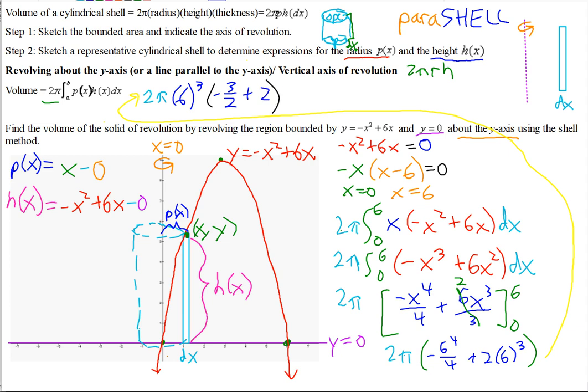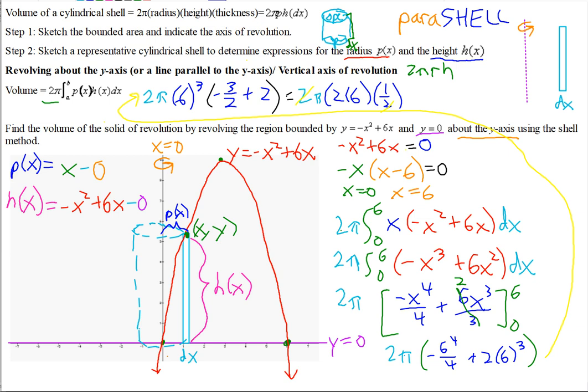Well, 2 is 4 halves. So then we just have 2 pi. 6 to the 3rd power is 216. And then negative 3 halves plus 2, which is 4 halves, is 1 half. And then notice the 2's reduce out here.